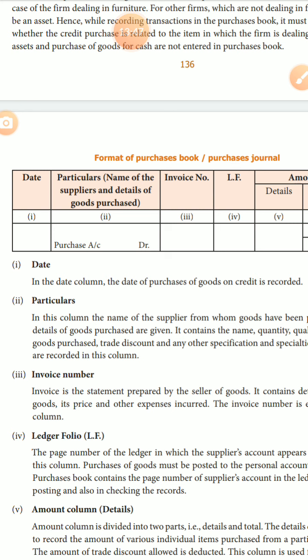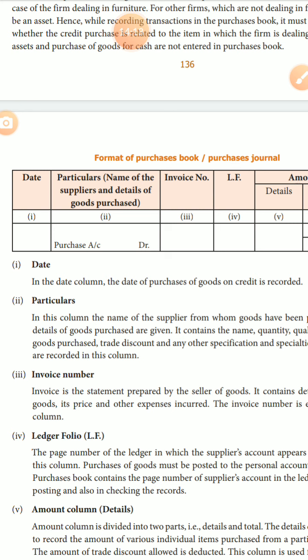The details column is used to record the amount of various individual items purchased from particular suppliers. The amount of trade discount allowed is deducted. This column is used for adjustment of additions and subtractions.